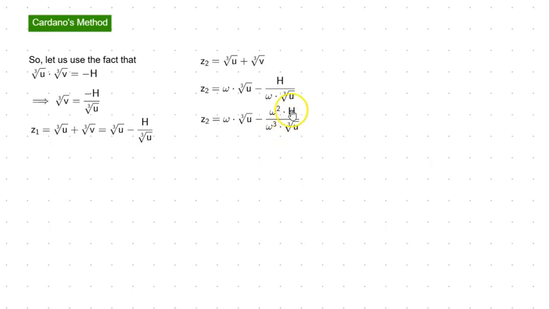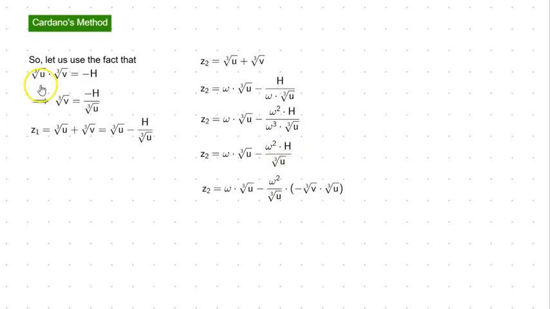Okay, now we multiply and divide by omega square this term, h by omega times cube root of u. So we get omega times cube root of u minus omega square times h divided by omega cube times cube root of u. Now omega cube is nothing but 1. So that disappears. And we have z2 is equal to omega times cube root of u minus omega square times h divided by cube root of u.